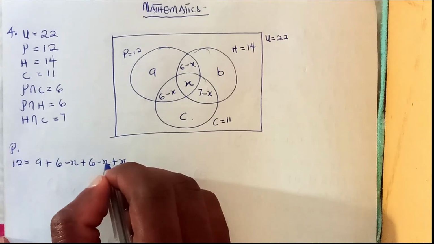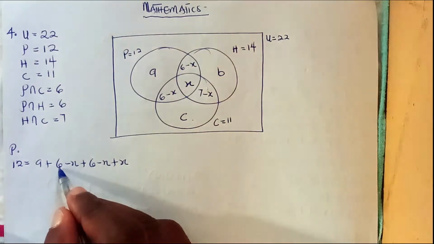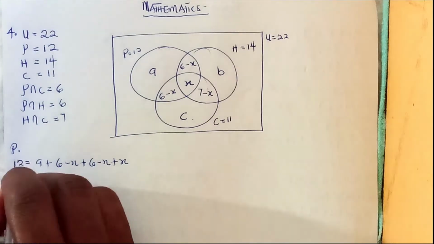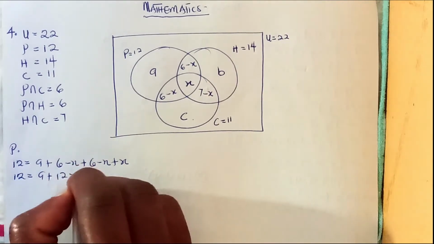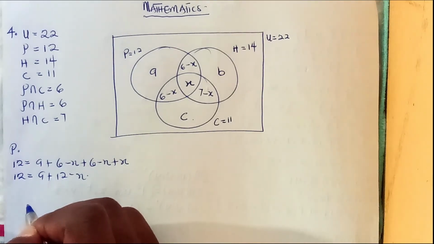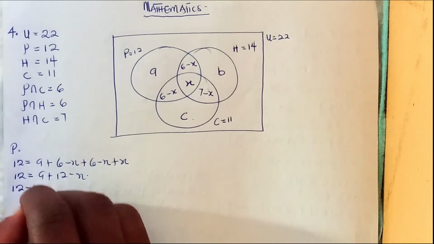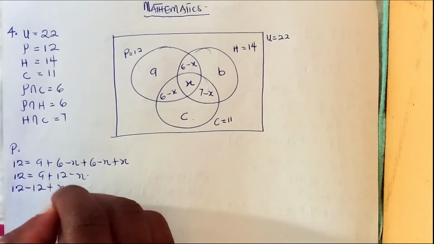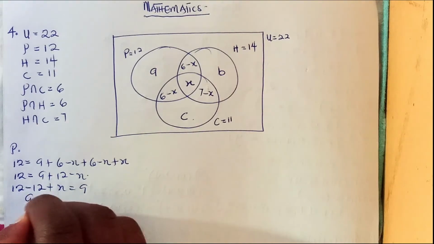This X takes this X away. We now add the 6 to this one. So we get 12 equals A plus 12 minus X. Since we are making A the subject, let's move both 12 and minus X to the other side. So 12 minus 12 plus X equals A. 12 minus 12 goes away. Now we have A is equal to X.